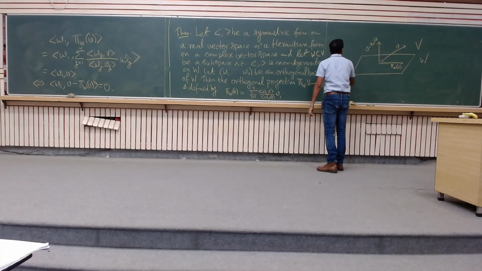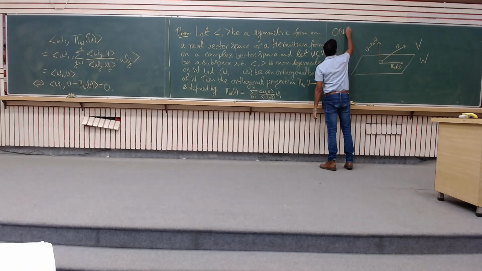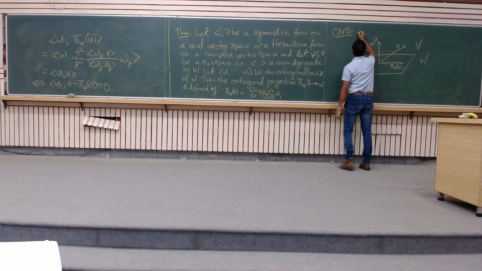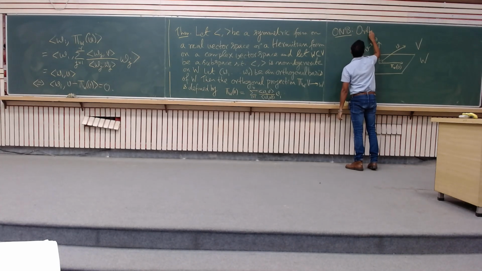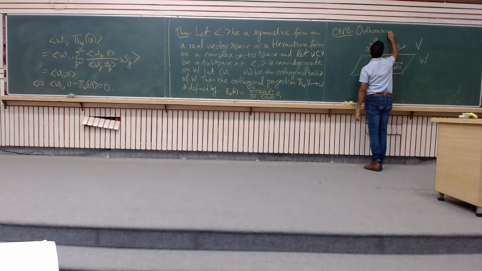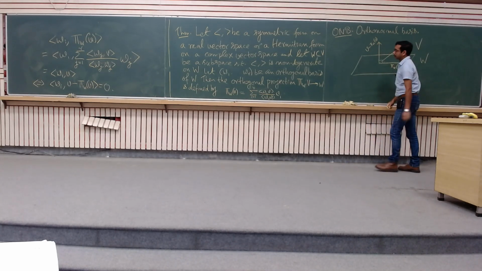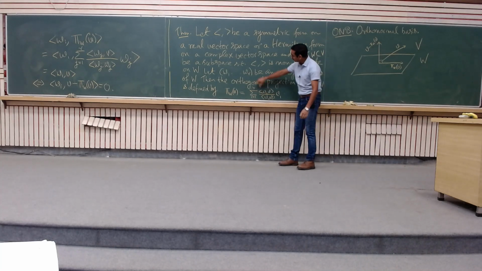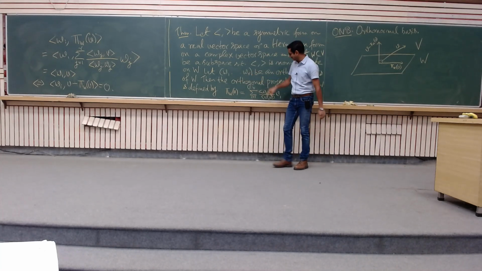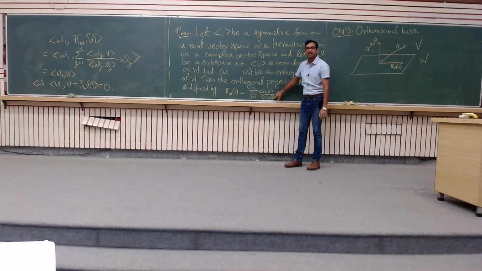A small notation: O in B, we will use this as shorthand for orthonormal basis. So when this was an O in B, it would be just ⟨Wi, V⟩ times Wi.